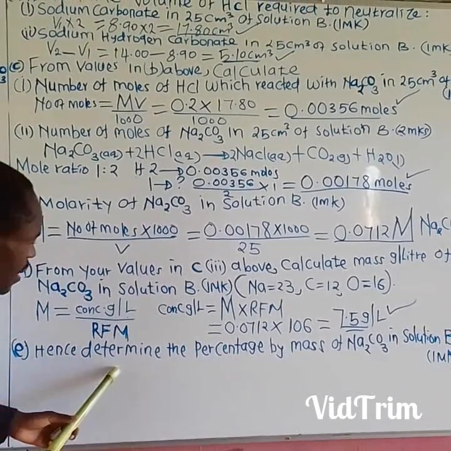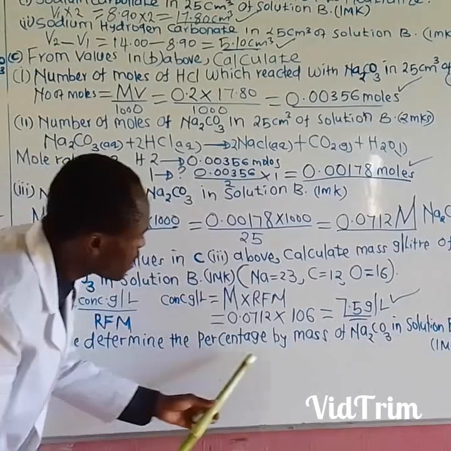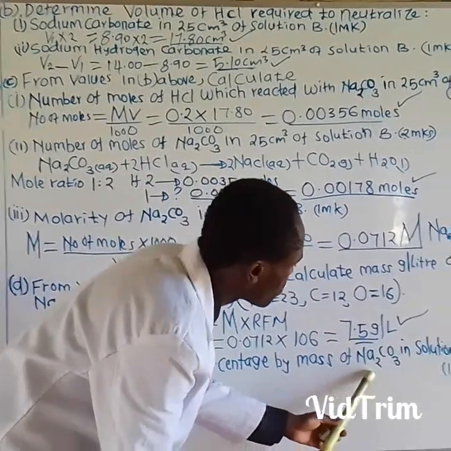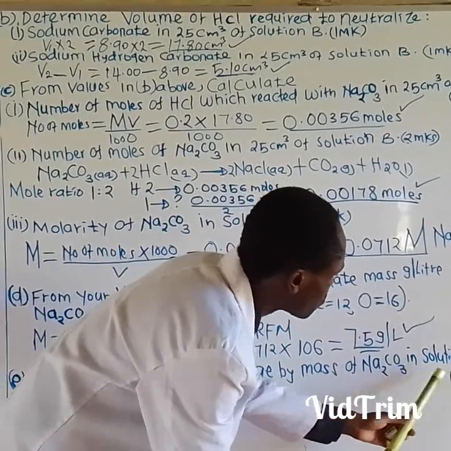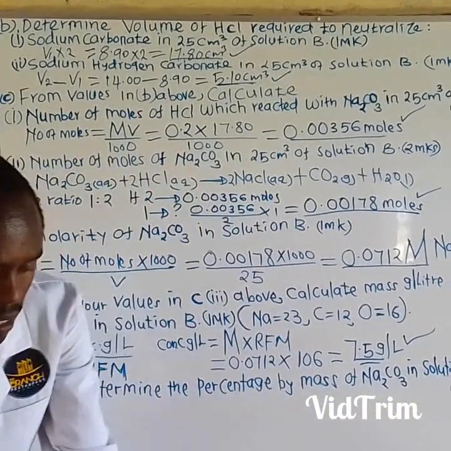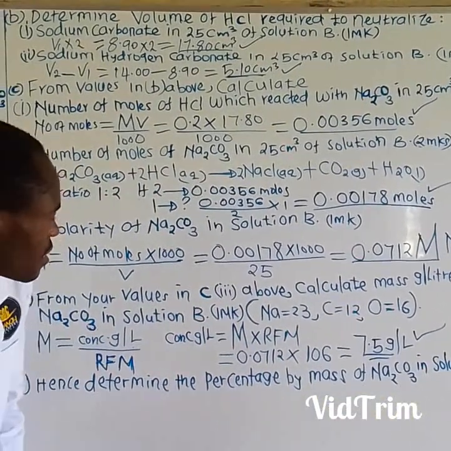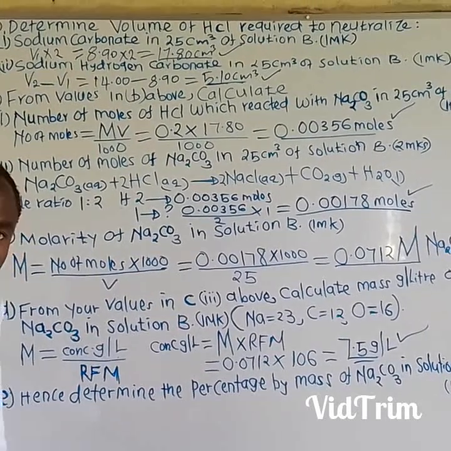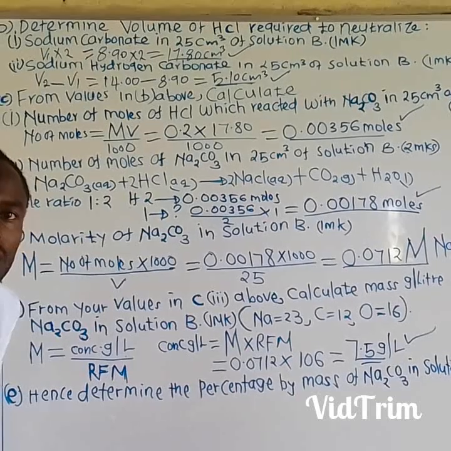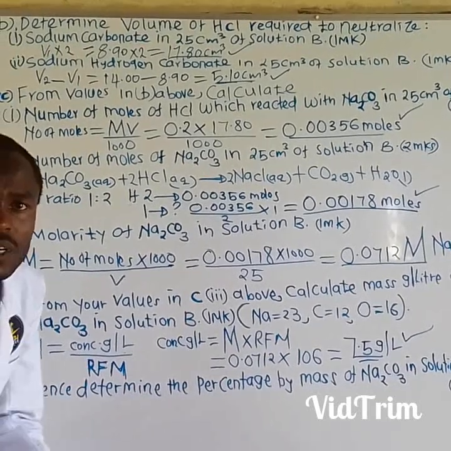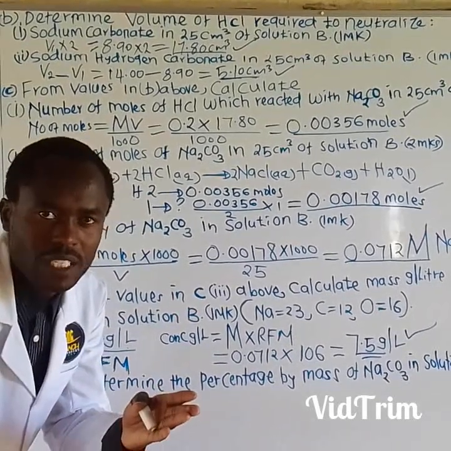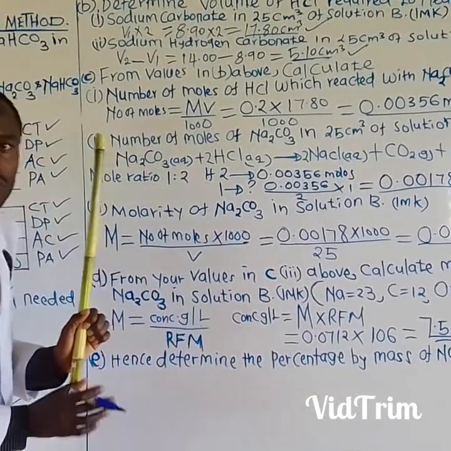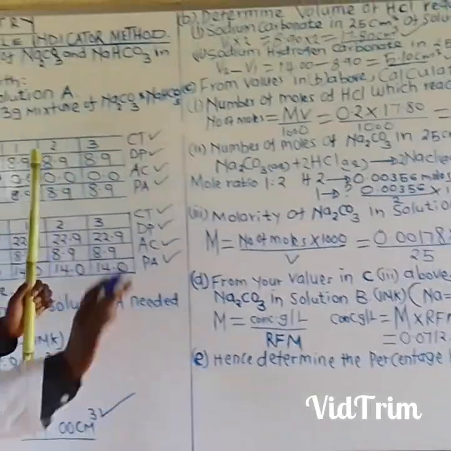Hence determine the percentage by mass of sodium carbonate in solution B. Remember, in solution B we have a mixture of sodium carbonate and sodium hydrogen carbonate, isn't it? Let me take you back to the initial information provided.